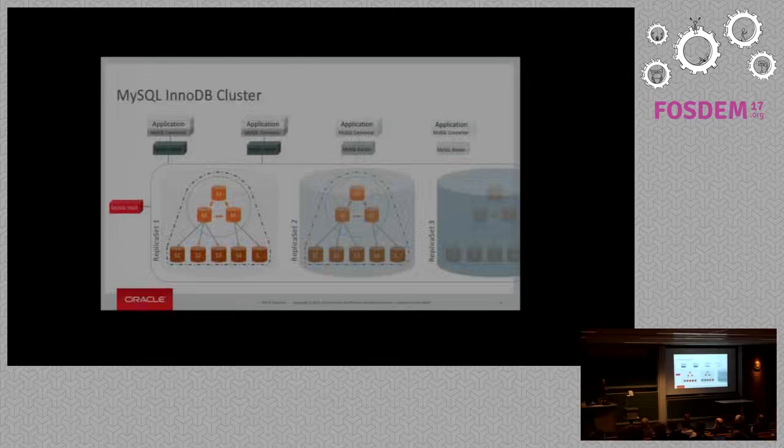So, group replication is a tiny but important piece within the MySQL InnoDB Cluster. The idea of the MySQL InnoDB Cluster is to be a fully distributed database solution. So we have the router that will be responsible for sending the query to a specific replica set.